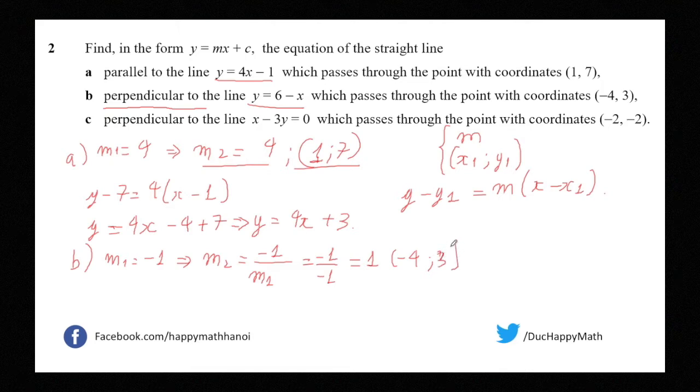So the equation with gradient 1 passing through the point (-4, 3) is y - 3 = 1 times (x + 4), since x minus -4 means plus 4. So we have the equation y = x + 7. Quite easy.